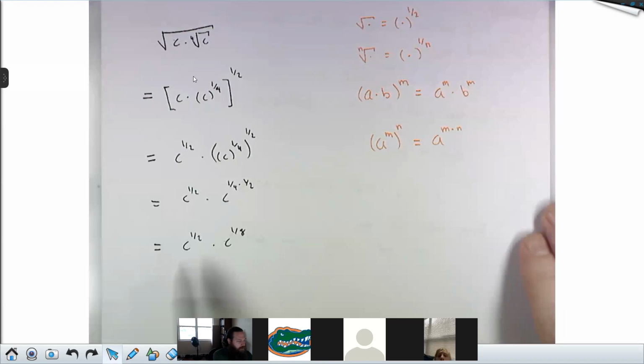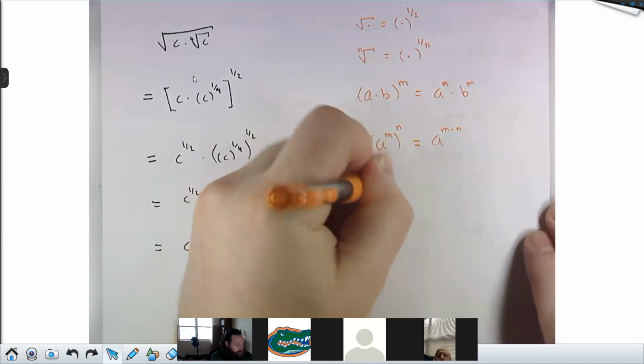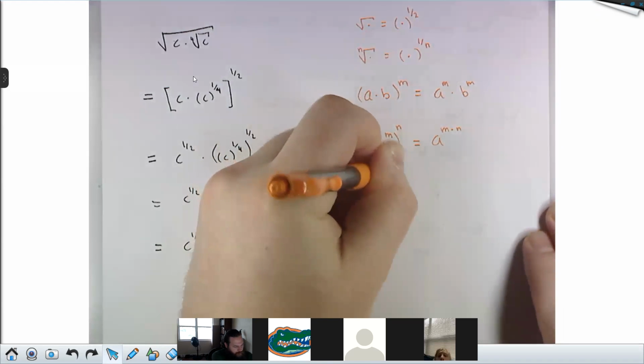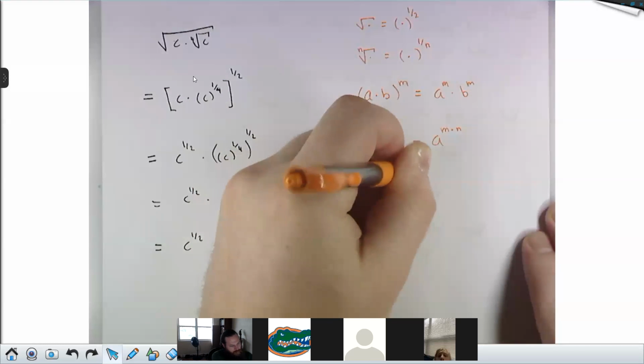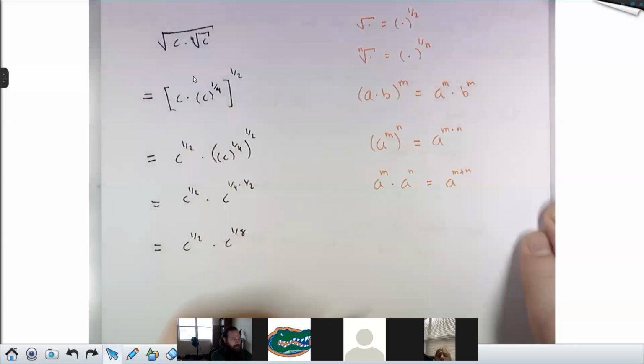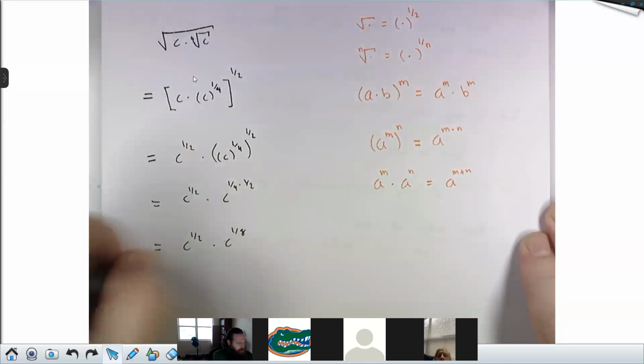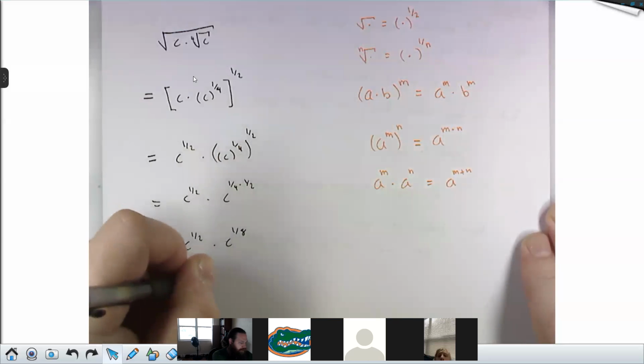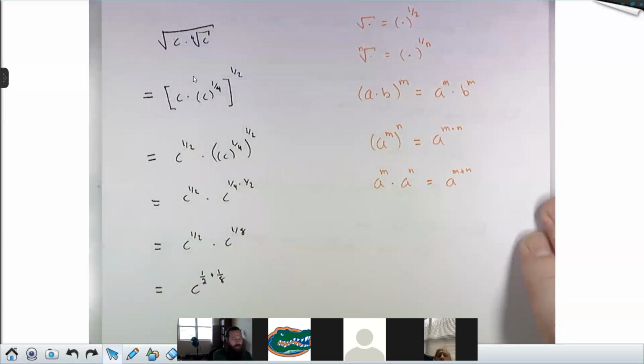So the last rule I need to clean this up: if I have a to some number times a to some other number, if you're multiplying like bases, you can add the exponents. So if I wanted to write this as a single power of c, this would be c raised to the power of 1/2 plus 1/8. Then we need to do the arithmetic here. How do I add 1/2 to 1/8?